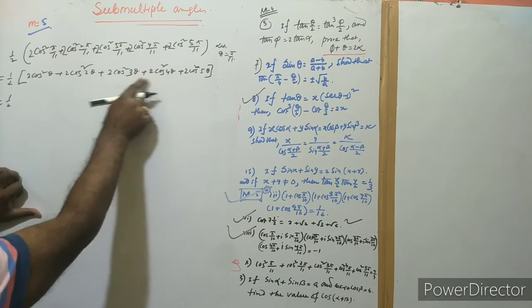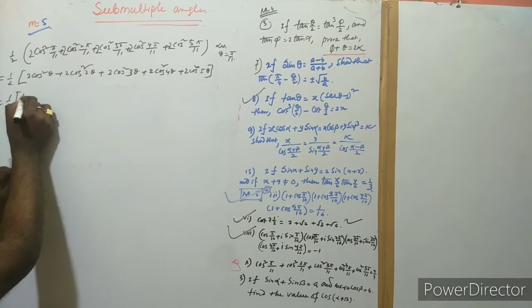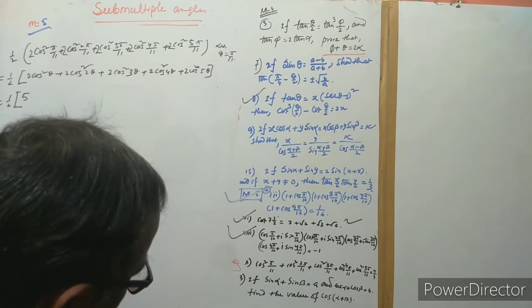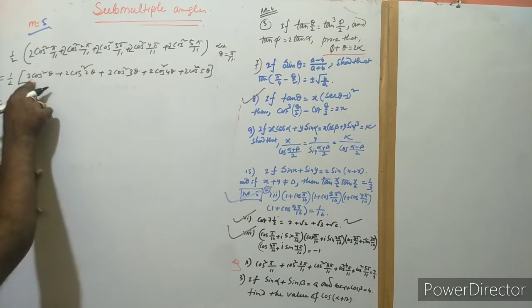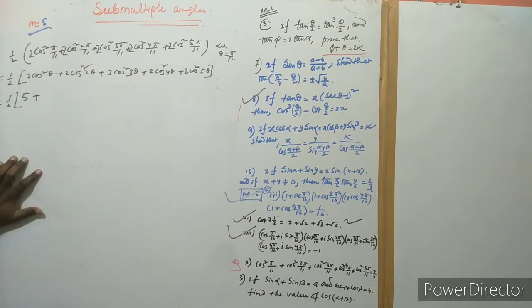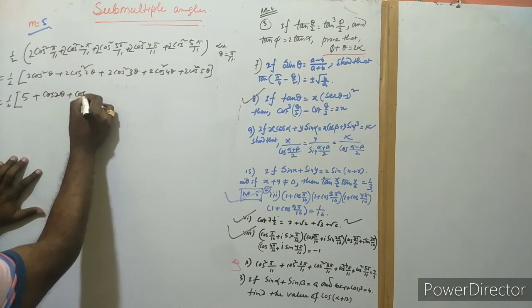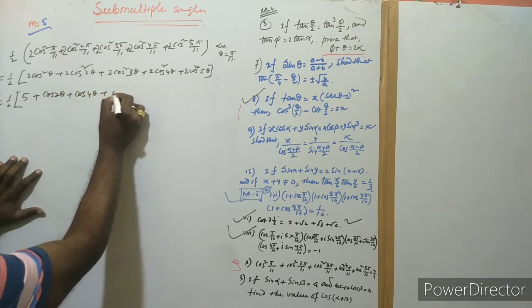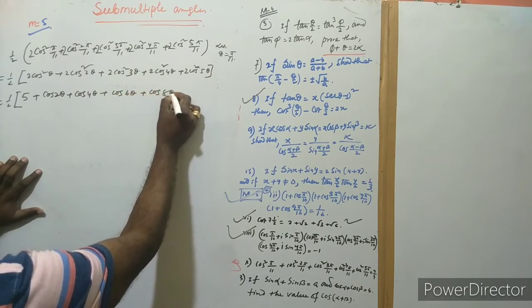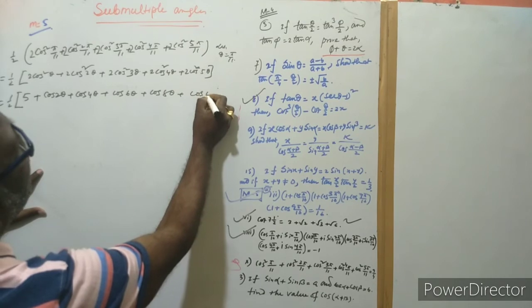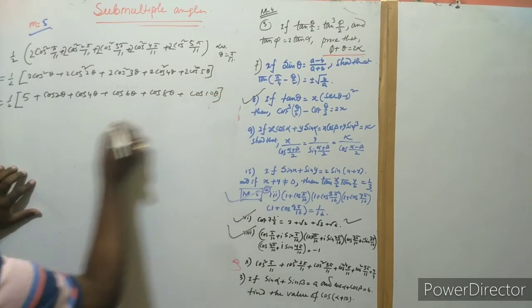So 1, 2, 3, 4, 5. 2 cos square theta is 1 plus cos 2 theta, so like that: 2 theta, 4 theta, 6 theta, 8 theta, 10 theta.